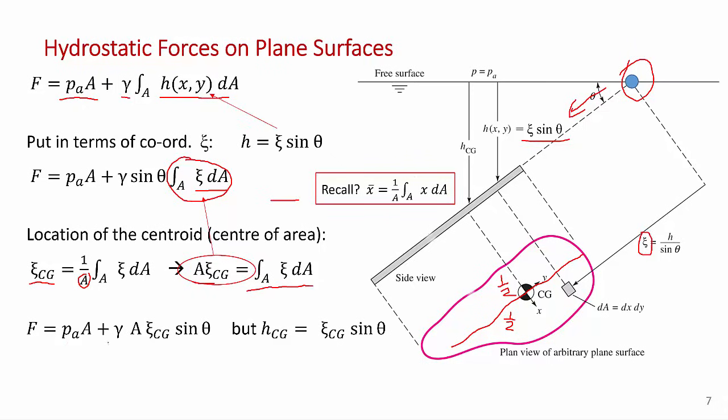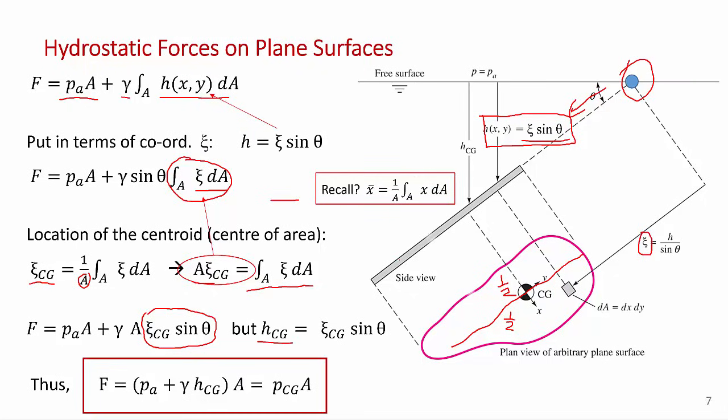We've got this atmospheric pressure term, gamma times A, and then xi of the center of gravity times sine theta. I've moved the sine theta over to the other side here. The reason is that xi cg times sine theta is equal to the height of the center of gravity, because that's what we had here. So now we can express this in terms of the depth of the center of gravity.